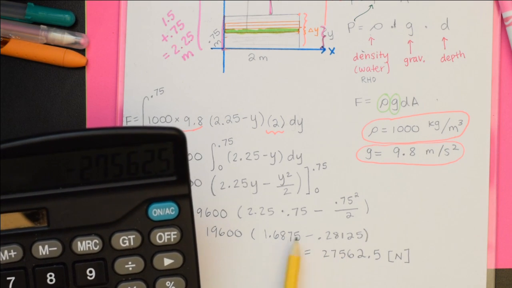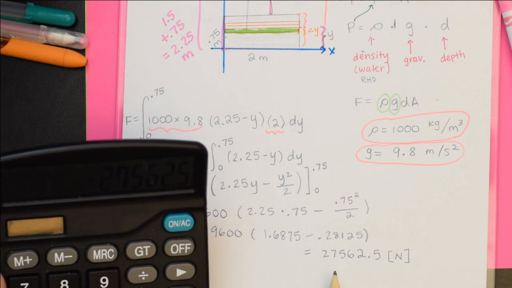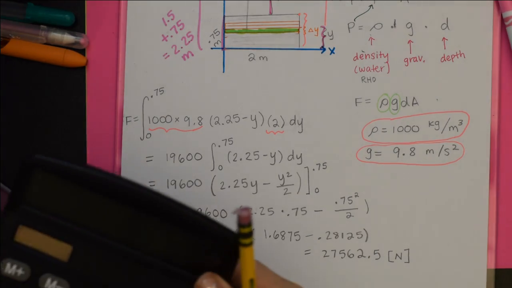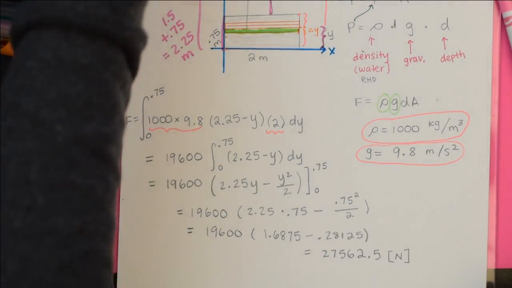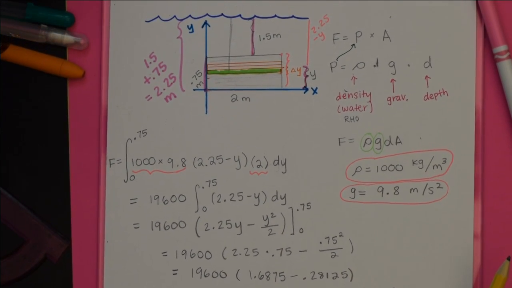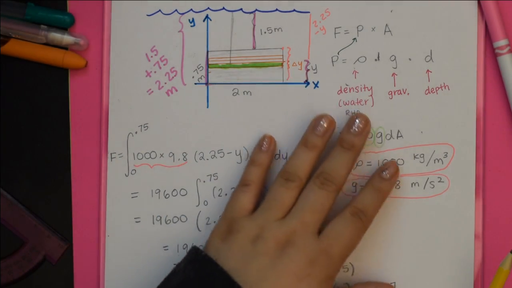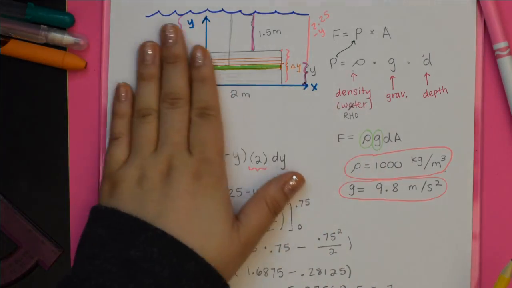Yep, and I got negative just because I switched these two, just so I didn't have to retype it, but 27,562.5. Okay, I think we got somewhere. I hope it's correct. At least I think the logic and reasoning is fine. So we'll just try other shapes and see what we get for those and see if we're on the right track.